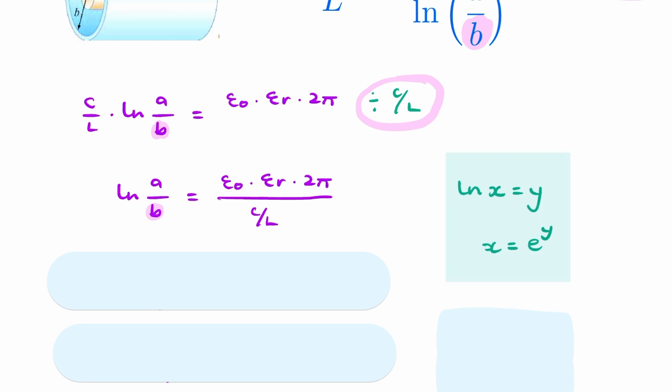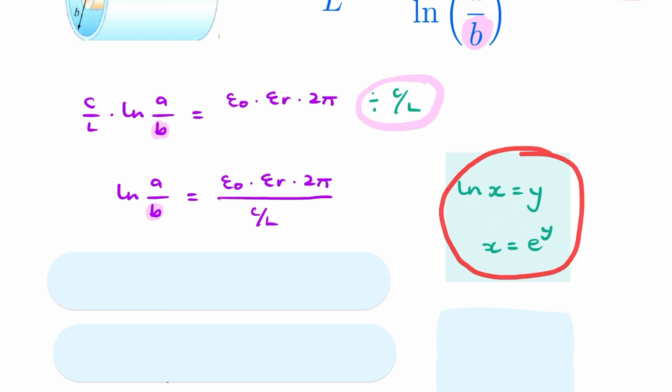So when you have any natural logarithm, to get rid of the log and to find x in terms of y, the anti-log of a natural logarithm is e to the power y. So it's as if you're taking e to the power of both sides. So to reverse the log, we take the exponential.